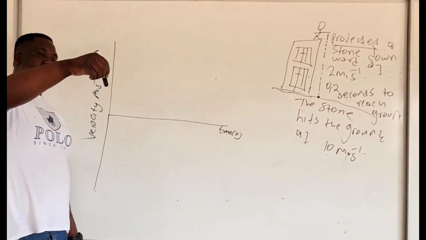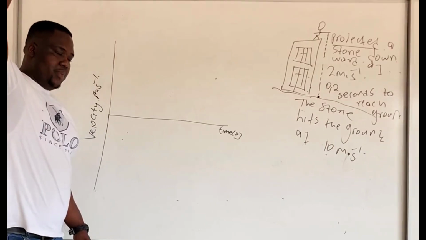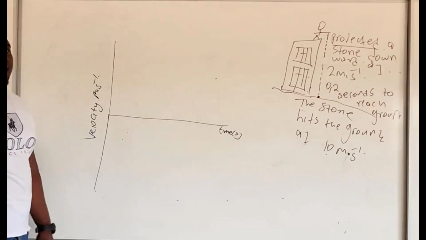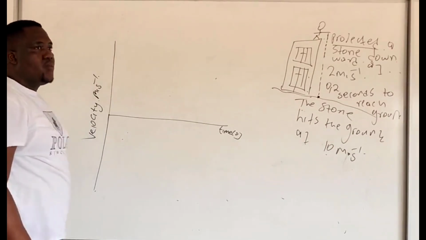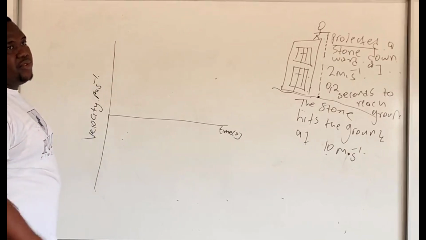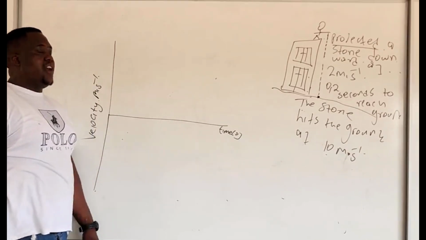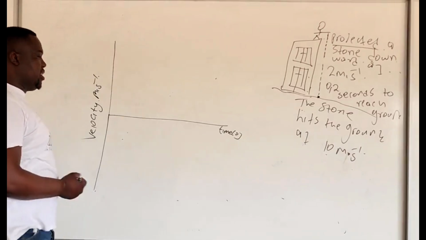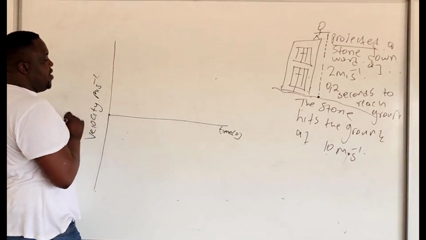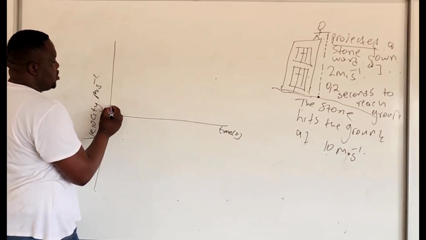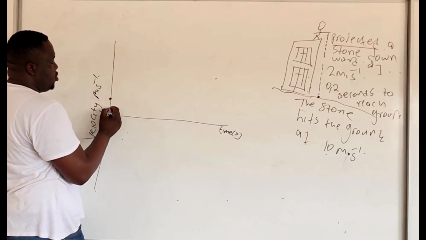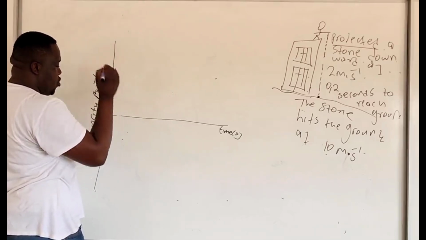It means the initial velocity of that object is 2 meters per second, but it is moving down. So how do we represent that? I'm taking down as positive in this first graph. So if I take down as positive, it means that the initial velocity of this object is going to be 2. So this is going to be 1, then this will become 2 meters per second.